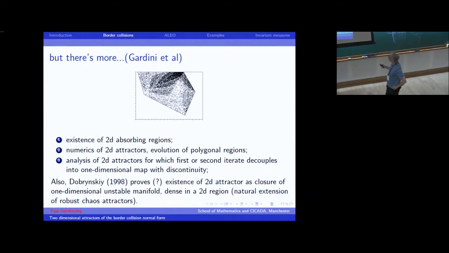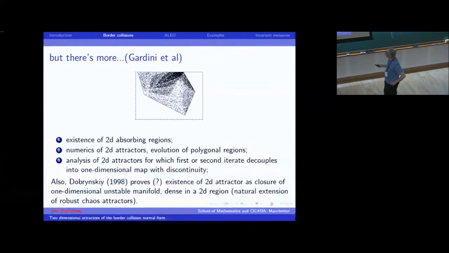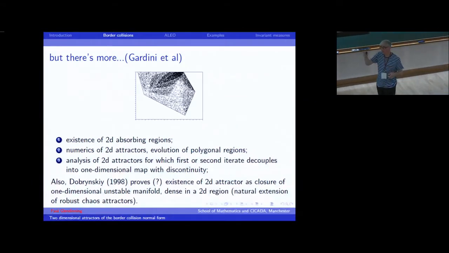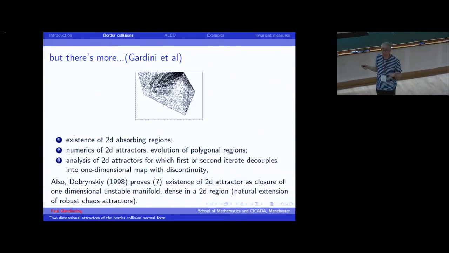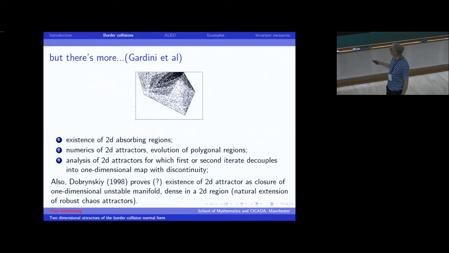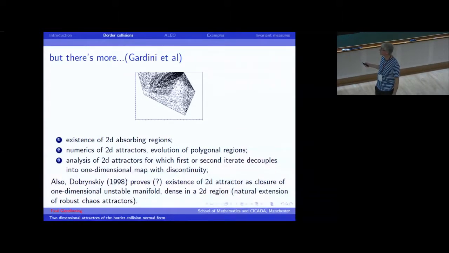So Laura Gardini and people had proved the existence of two-dimensional absorbing regions, but we've done that already. So our triangle was a trapping region, an absorbing region, a two-dimensional area. We knew the attractor was inside there. They'd looked at the evolution of these regions, and also they'd analyzed some cases where iterates of the border collision normal form decouple into one-dimensional maps with discontinuity.